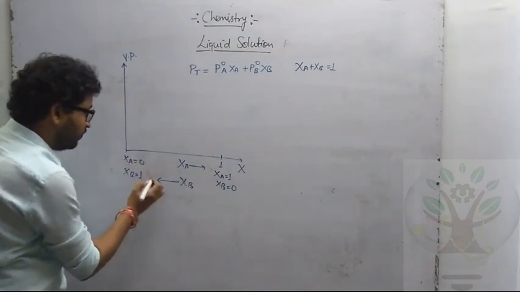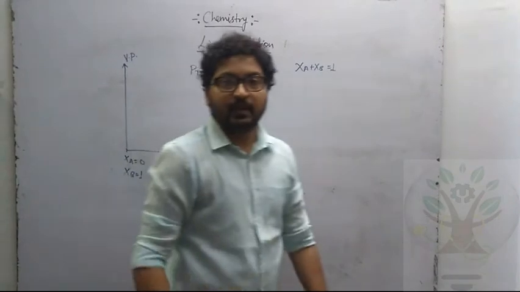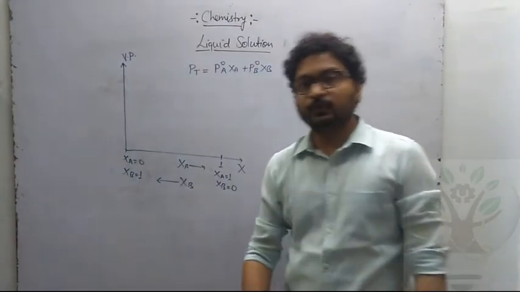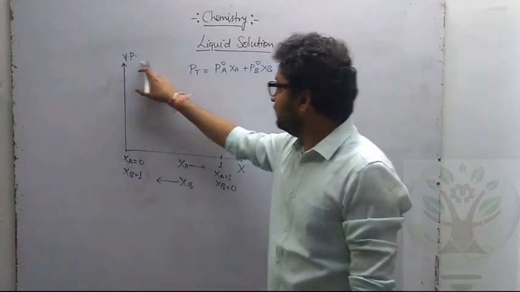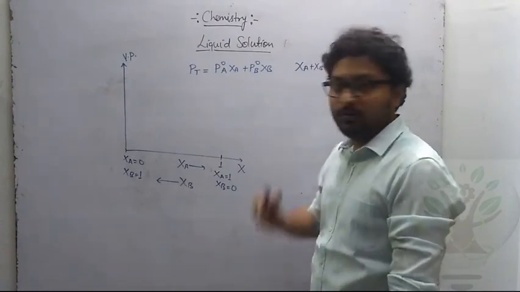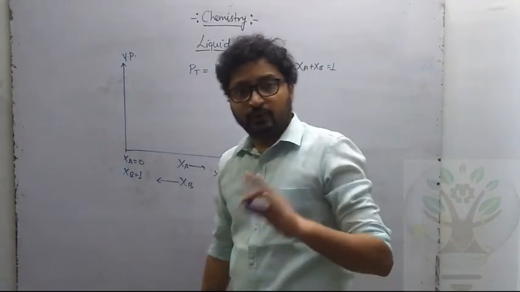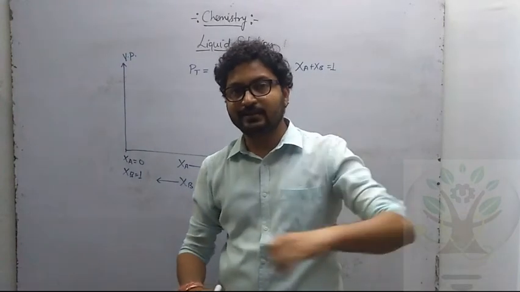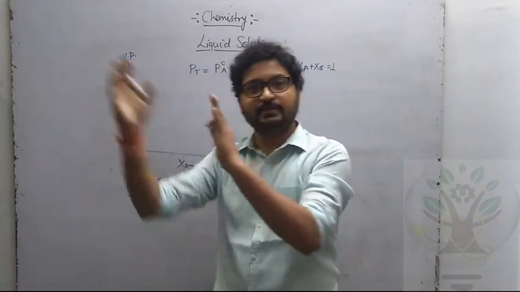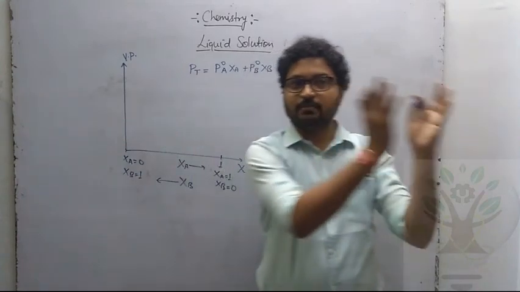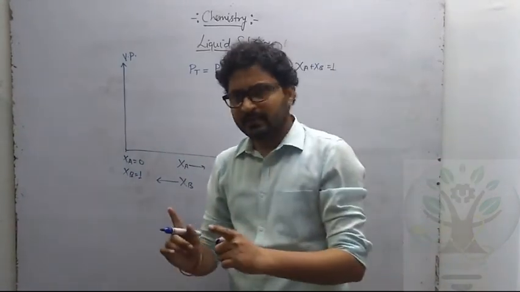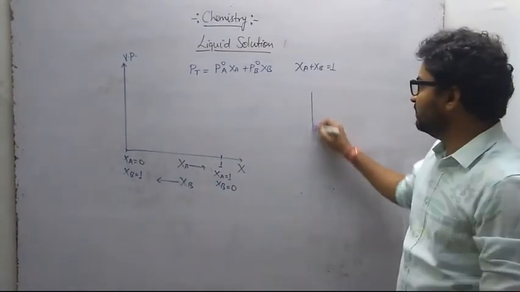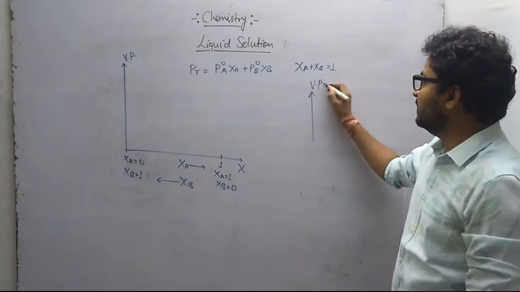Is this clear? So here we have to draw a graph between total vapor pressure and mole fraction. For drawing this graph, let's consider two cases where A is separately present and B is separately present. Do you remember the earlier graph we drew? We drew the graph between vapor pressure and mole fraction of solvent.